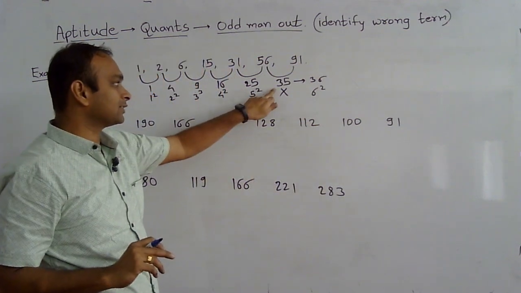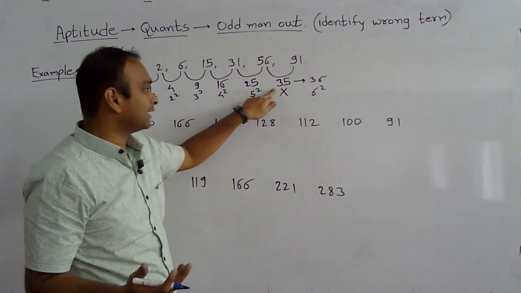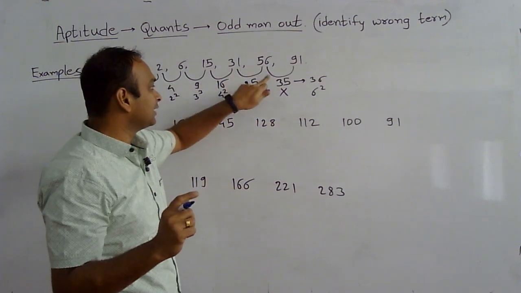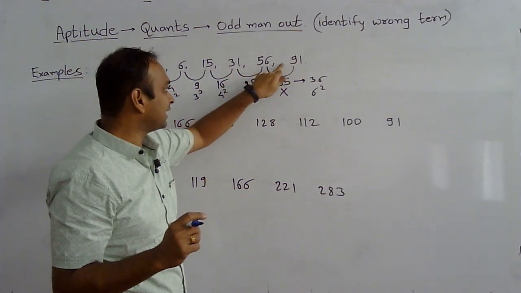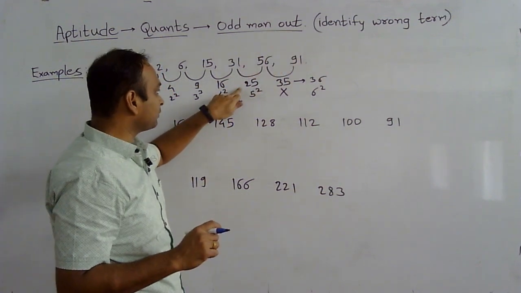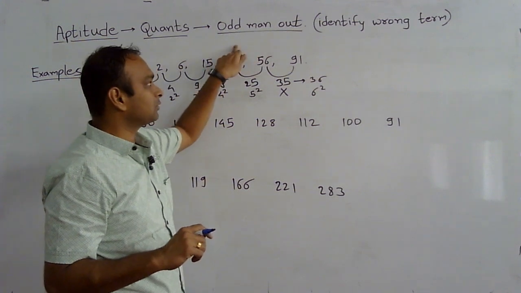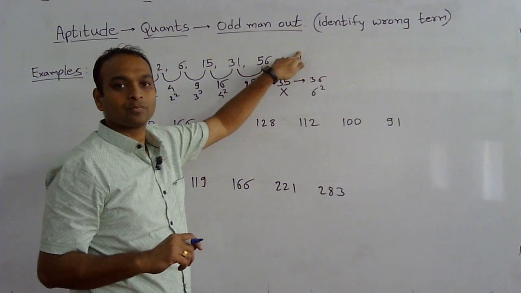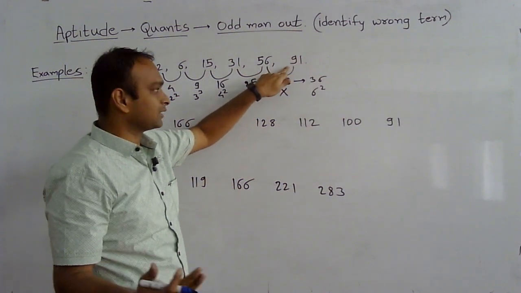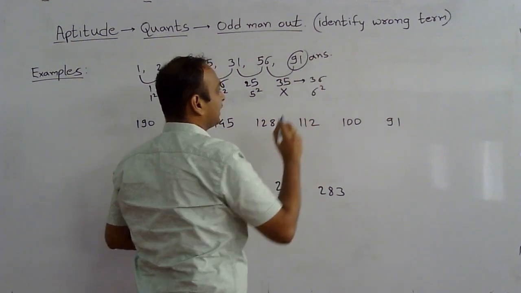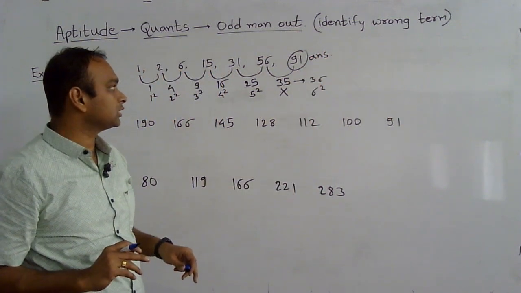But since the difference is 35, and this difference is perfect, so 56 is perfect, and this difference is wrong, there is a problem with either this or this. Since 56 is perfect, both this number and this number are perfect, so this should be the culprit, the odd one out. So this is our answer: 91 is the odd one out.